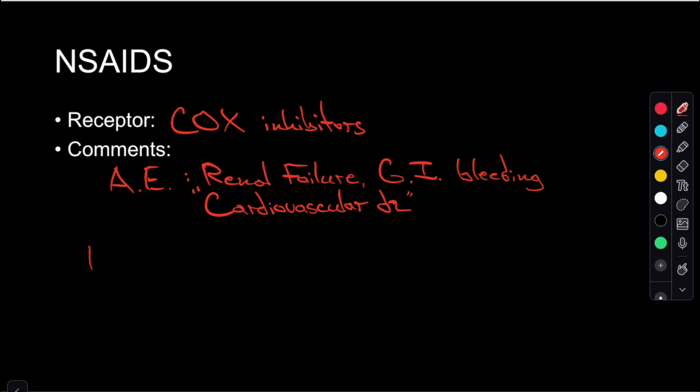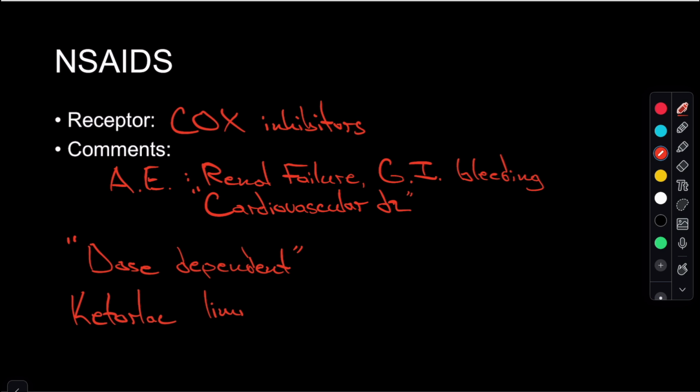They provide dose-dependent pain relief. So generally, you'll want to start at the lowest possible dose and then escalate up until you're sufficiently managing their pain, or it would be unsafe to go any higher. And then ketorolac is a very common NSAID that's used in the realm of anesthesia. You want to limit its use to 5 consecutive days.